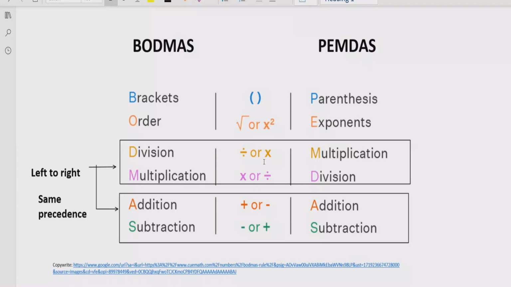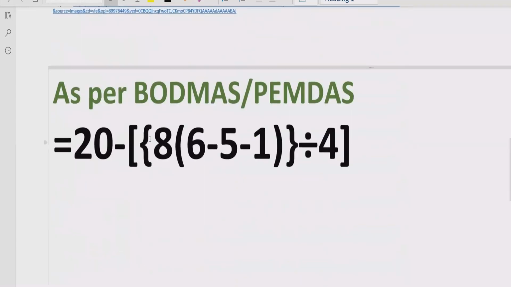Step number 3 is to solve division and multiplication. Both have similar precedence, so you can solve whichever is coming first. Similarly, for addition and subtraction, we have the same rule. We can solve addition first if it is coming first, and we can solve subtraction first if it is coming first.